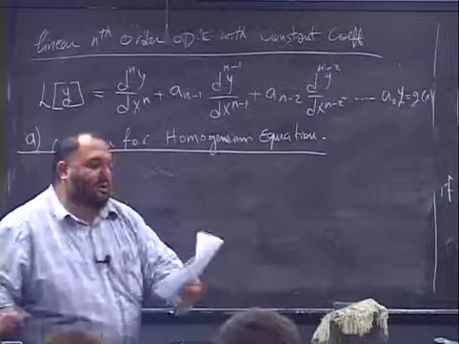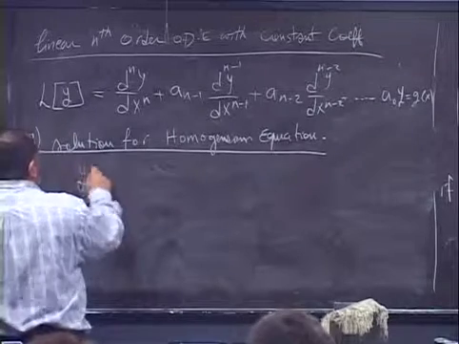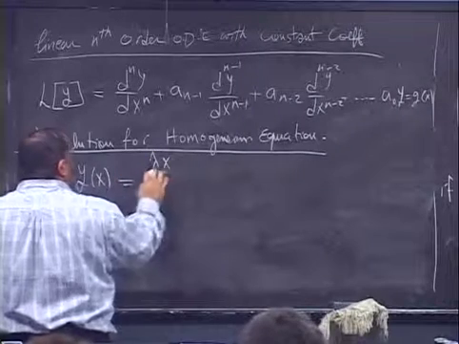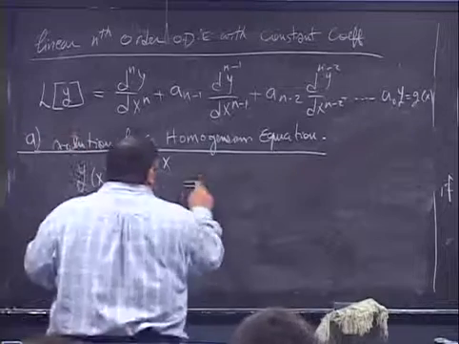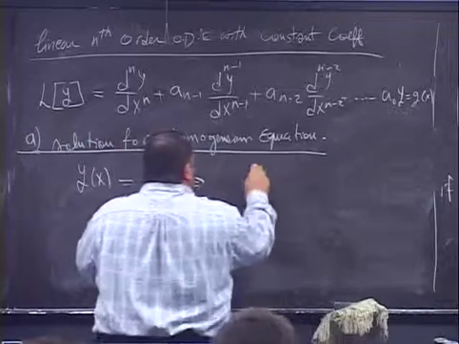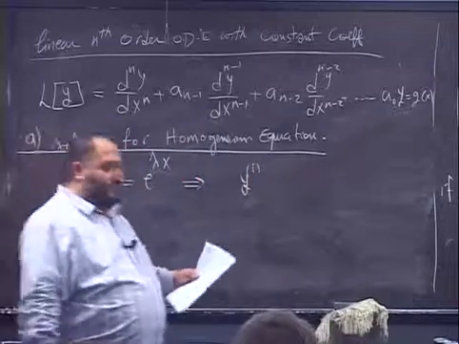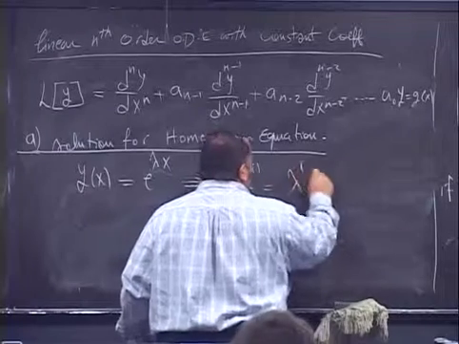So we will look for a solution in the form of exponential functions, e to the power of lambda x. And the ith derivative of this solution will be just lambda^i e to the power of lambda x.